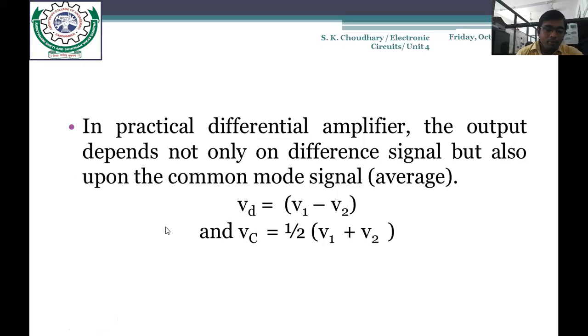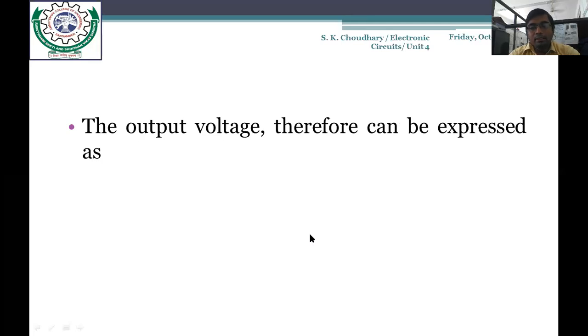At the same time, a common mode signal is nothing but an average signal, so it would be Vc equals (V1 plus V2) upon 2. It is the average of both the inputs. So the output voltage can be expressed, when we consider the common mode signal, as A1 V1 plus A2 V2.